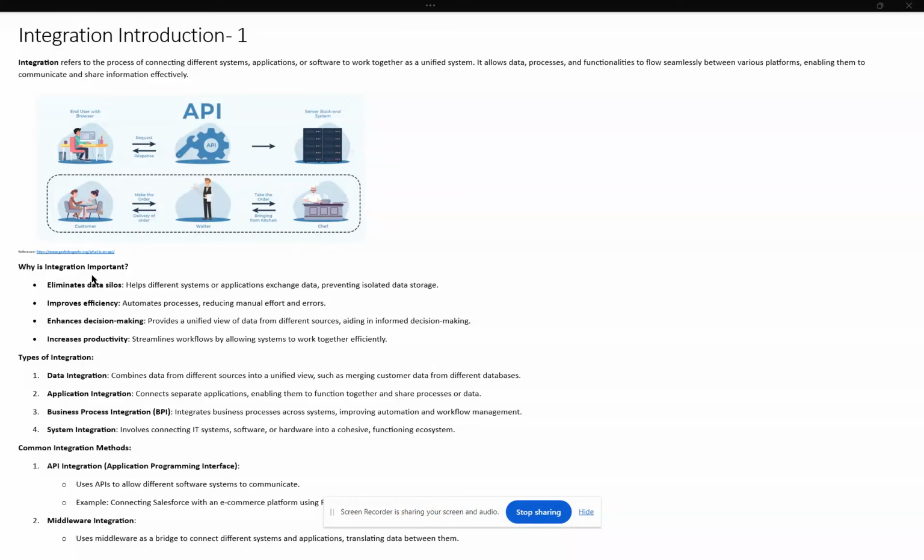Then we'll see why integration is important. If we have an integration, it will eliminate the data discrepancy or data silos. If there are two different systems, suppose I have a system where I want to calculate the amount on my invoice, and it depends on the country for which I am preparing the invoice.